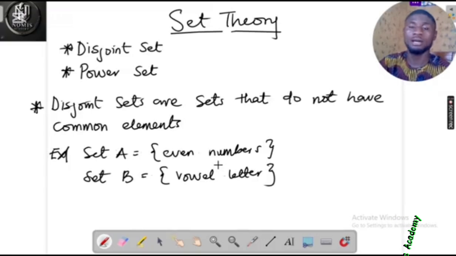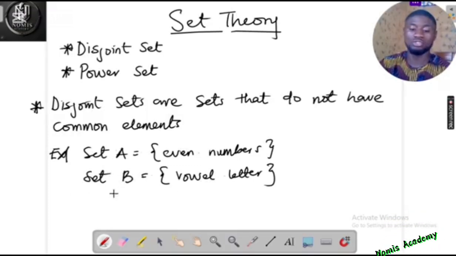When you look at this set A and set B, there is nothing in common. If I continue to list the elements of set A, starting from 2, 4, 6, 8, 10, I'll definitely not have A, E, I, O, U, which are the elements of set B. Then I can now say that set A and set B are disjoint sets.